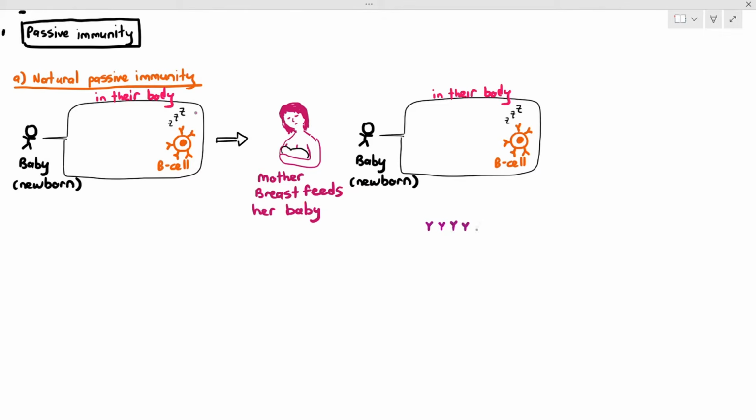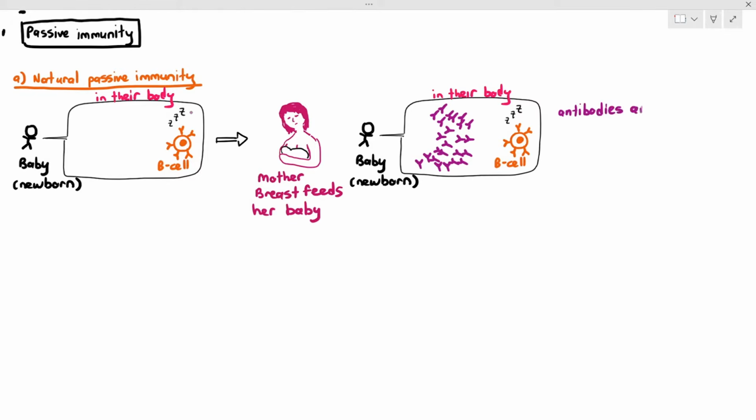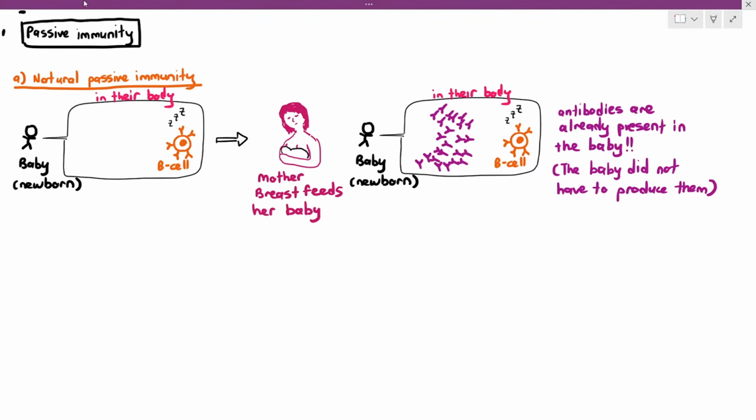So you see, did the baby actually produce the antibodies? No, the baby did not produce the antibodies, but the antibodies are already present inside the baby. That's why it's called passive, because in passive, your body did not have to do the work. So if you were breastfed, your body will now have antibodies. But did you produce them? No. It was produced by your mother and passed to you.